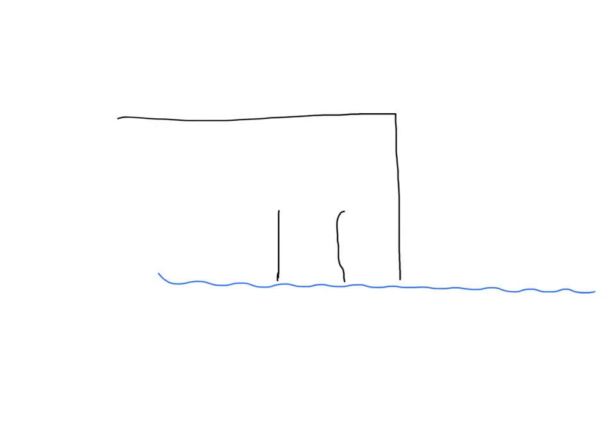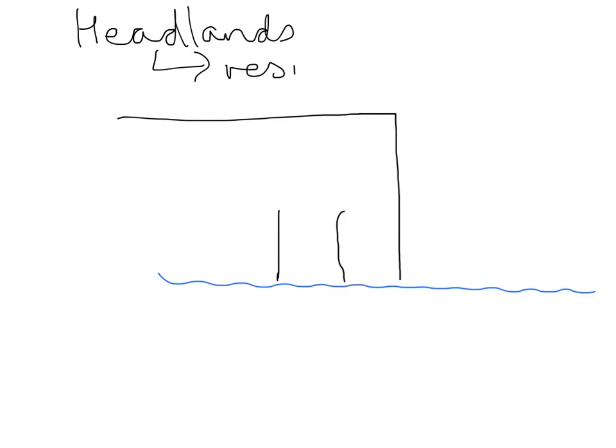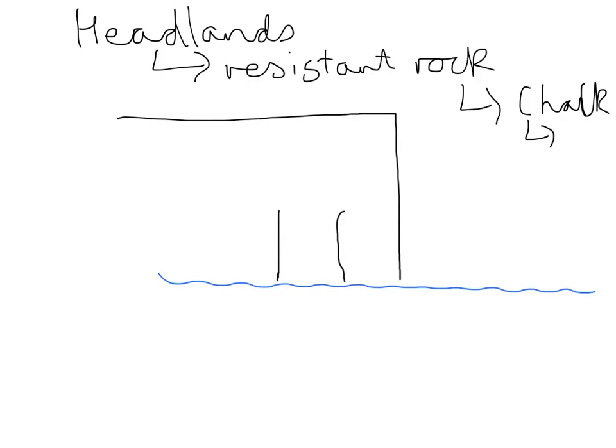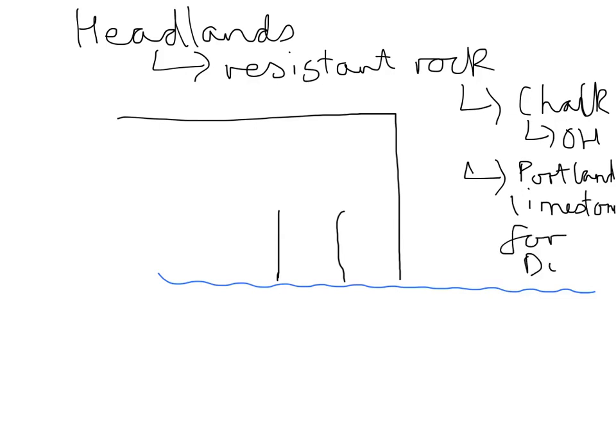Well, first of all, the conditions for these landforms are they form on headlands where there's resistant rock, and in this case we're talking about chalk for Old Harry, and Portland limestone for Geological.